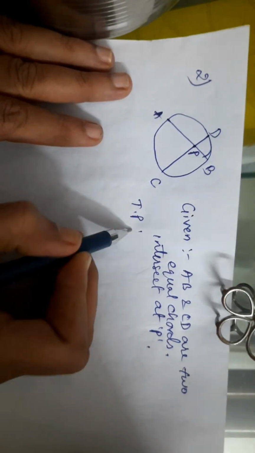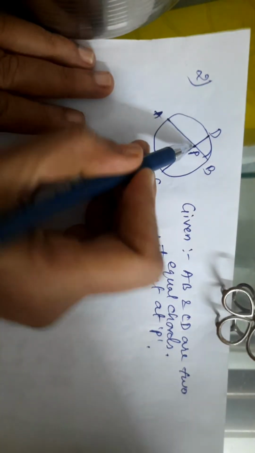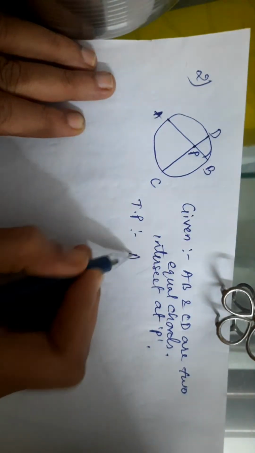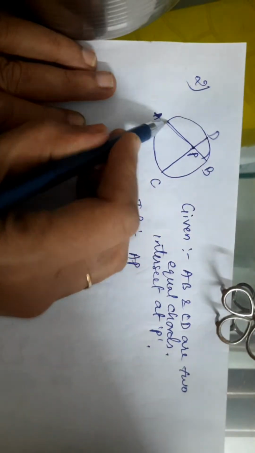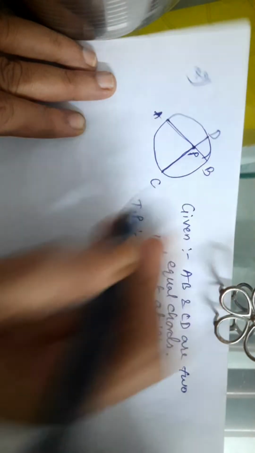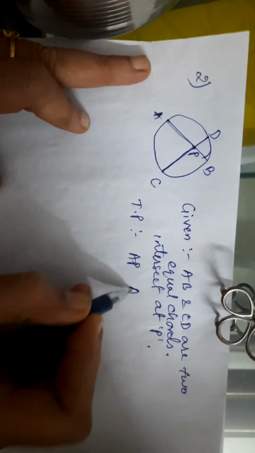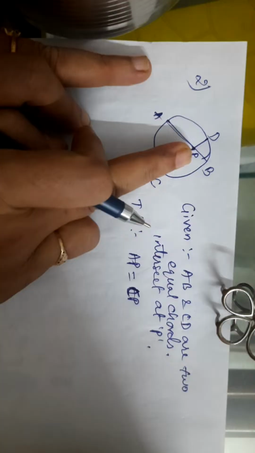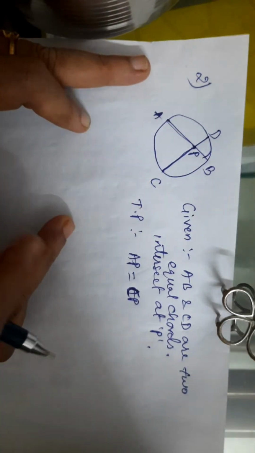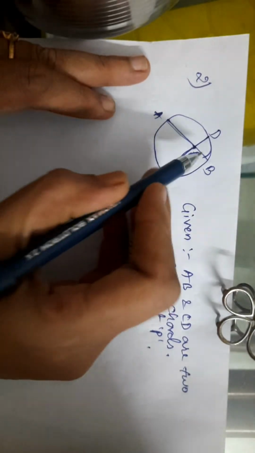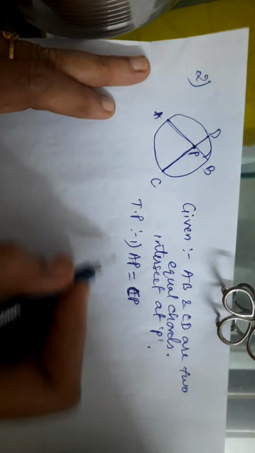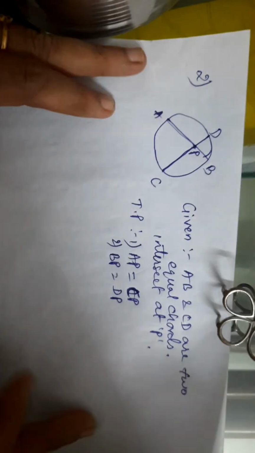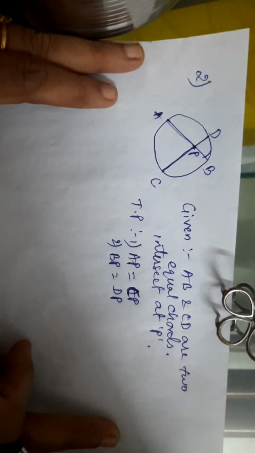If the chords intersect at the point P, AP is one of the segments of the chord and in the same way CP is the other segment. So AP is equal to CP. This remaining part we need to make equal. And the second part, BP is equal to DP.